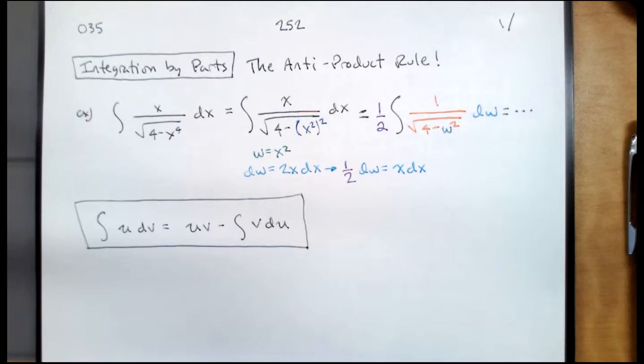Over on the left, the integral of u dv is the integral that you're given, and uv minus the integral of v du is what it's equal to. That's the side of the formula that you're going to be using.